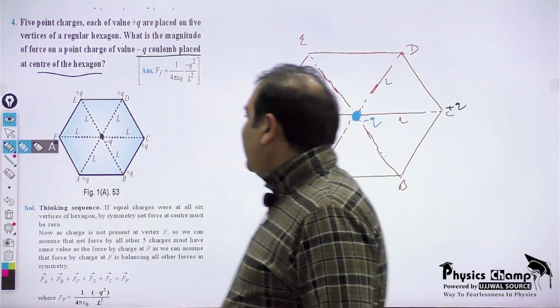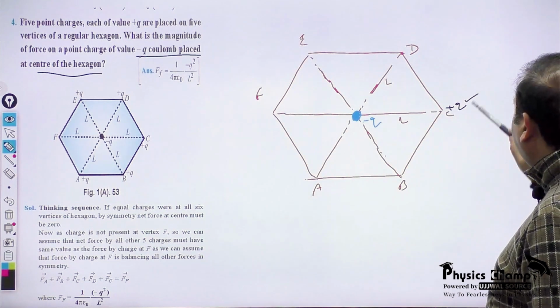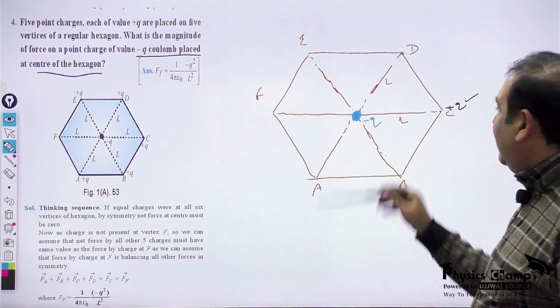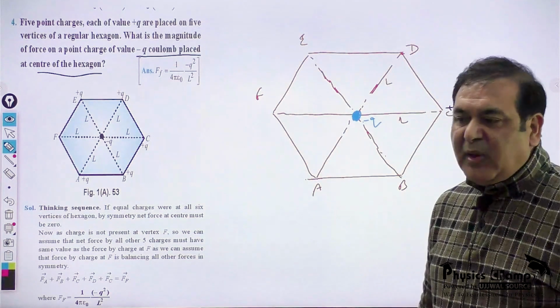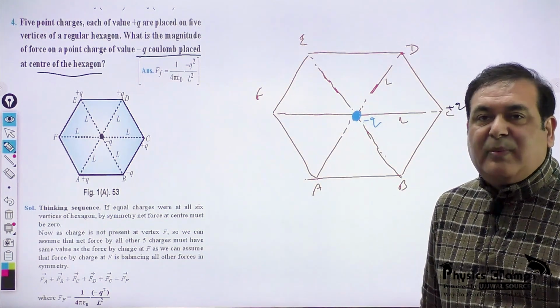So there is only one charge which is left, which is at C, whose impact is not cancelled because of the absence of a corresponding charge.